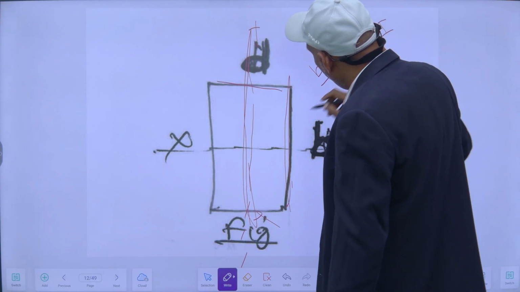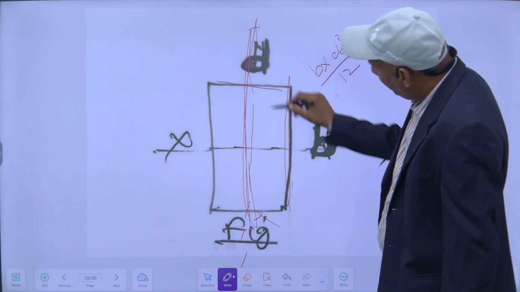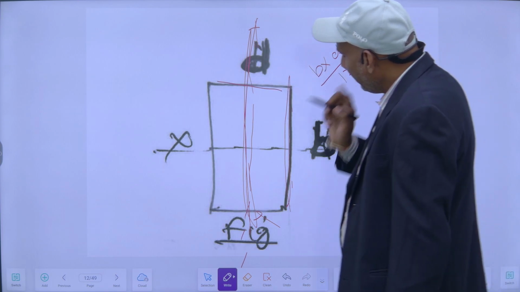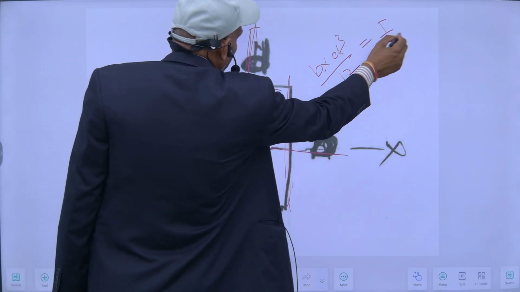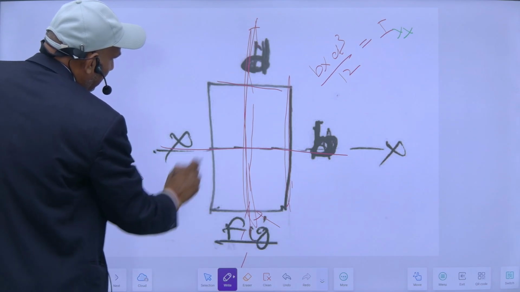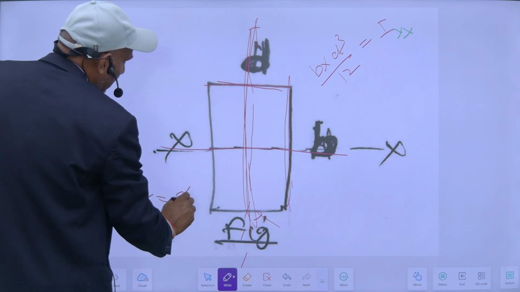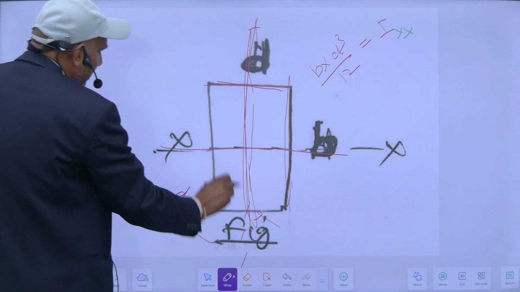If I take the moment of inertia about the y axis, it will become D into B cube upon 12.